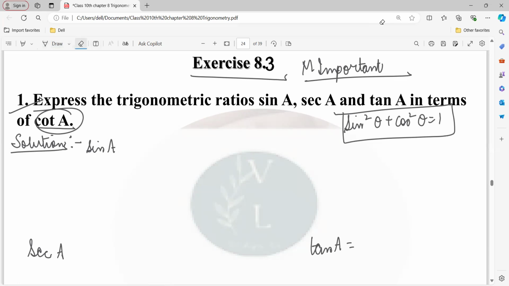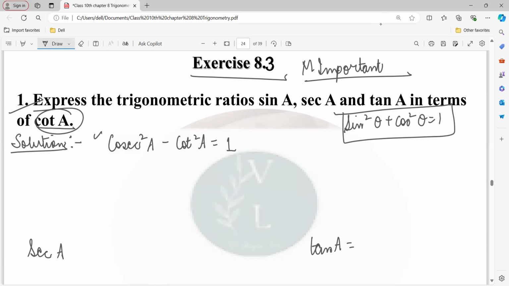To find the value of sine A, we use the identity cosecant square theta minus cot square theta equals 1. We have A here, so we'll take A instead of theta: cosecant square A minus cot square A equals 1. Why have I taken this identity?